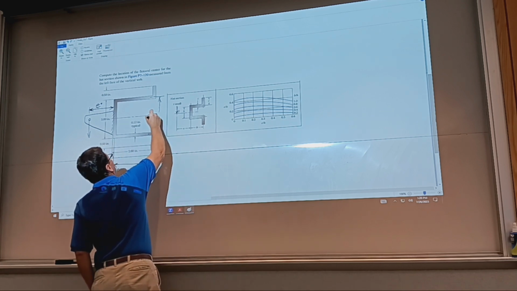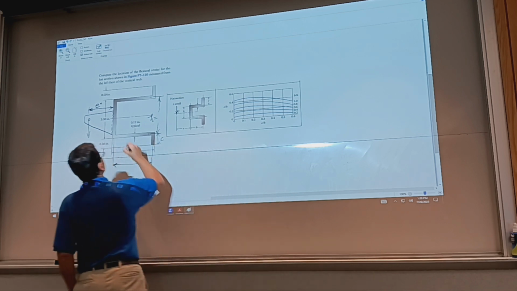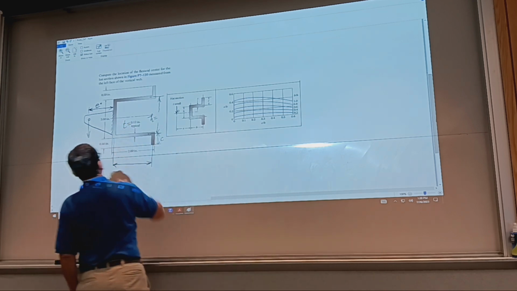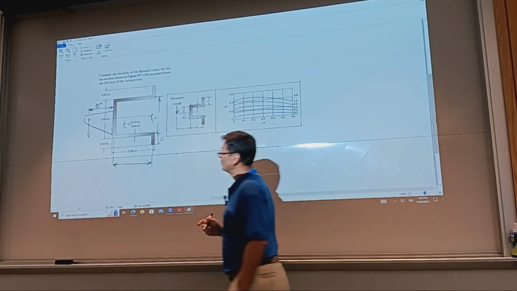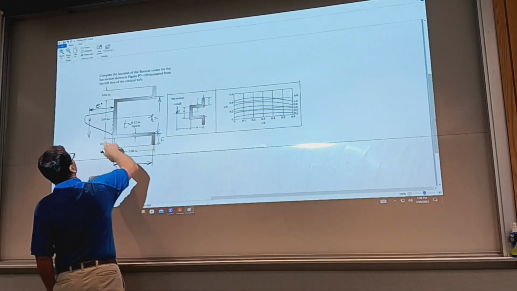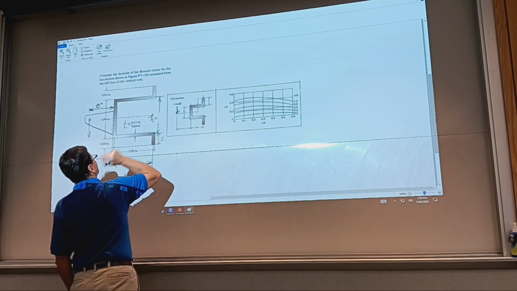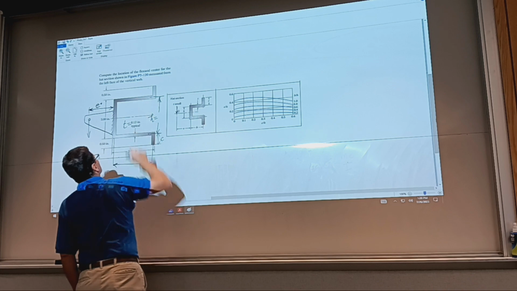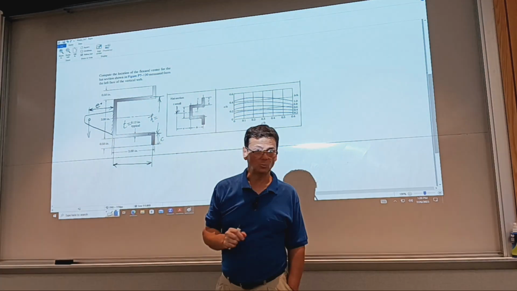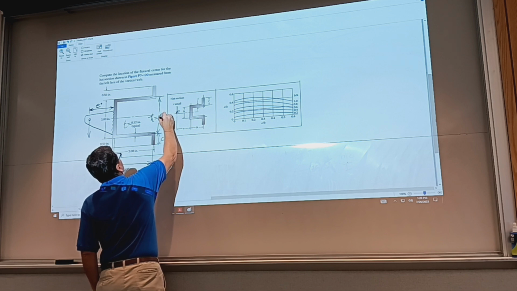So for H, what is H equal to? We have the thickness, it says typical. So T, thickness, is 0.12 inches. To get H, we need to subtract from our value 2 inches half thickness and half thickness. It is a full thickness. So that's going to be 1.88 inches.